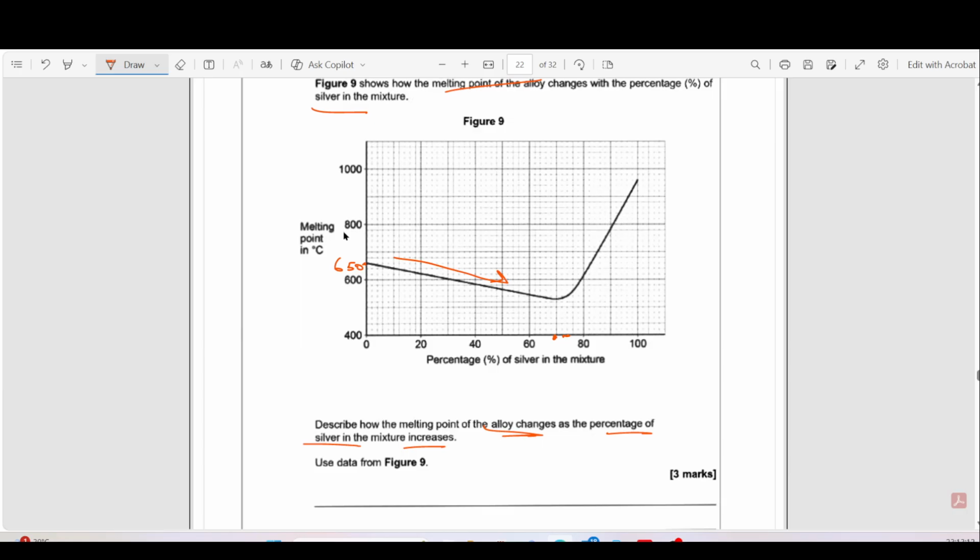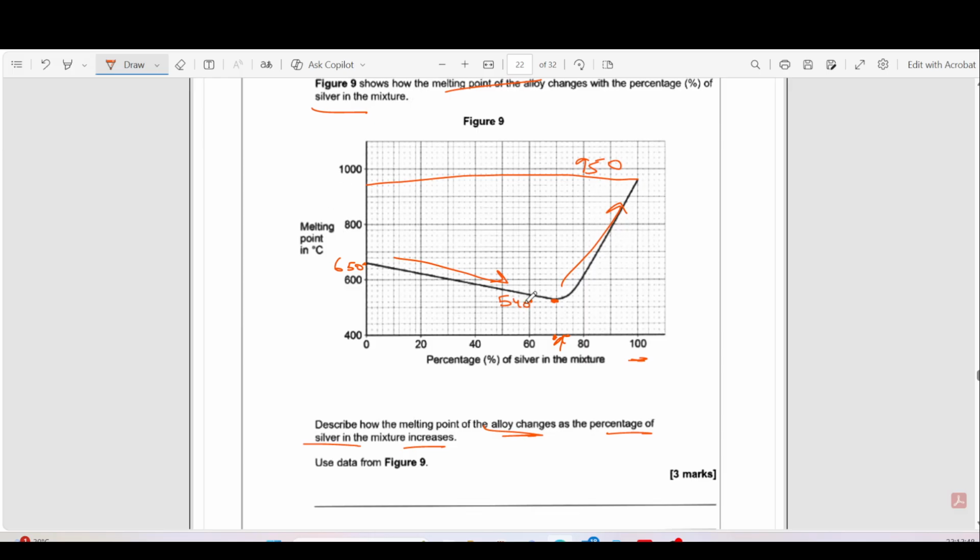The melting point reaches its lowest value, about 540 degrees, when the mixture is roughly 72% silver. As the percentage increases after 72 up to 100, the melting point increases sharply until it reaches here, very close to 950, which is the melting point of pure silver.